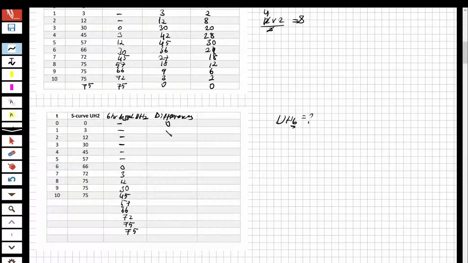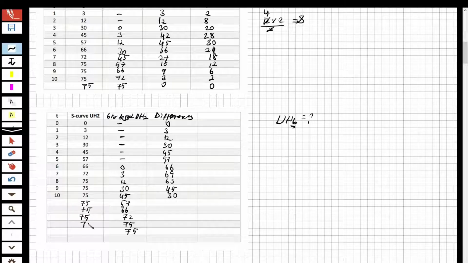So 3 minus 0, 3, 12 minus 0, 12, 30 minus 0, 30, and 45 minus 0, 45, and 57 minus 0, 57, and this is 66, and this is going to be 69, and this is 69, but this is 63, and this is 45, this is 30, and this is going to be 75, 75, 75.